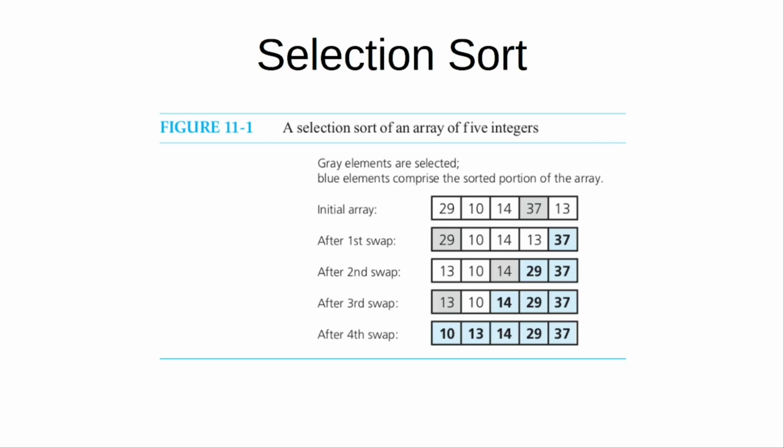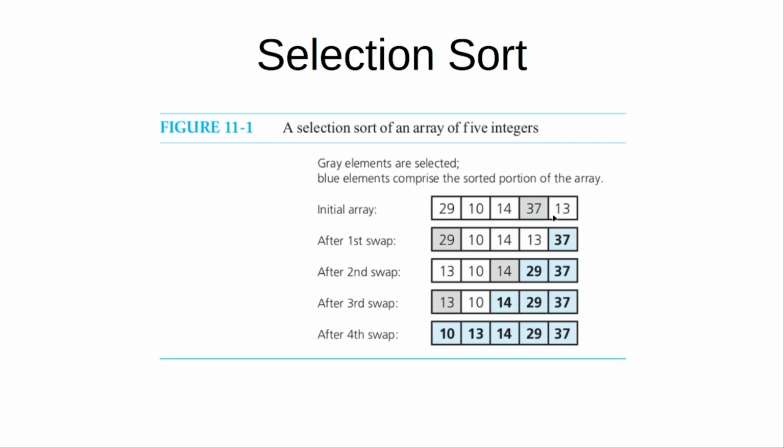So the array initially looks like this. It's unsorted: 29, 10, 14, 37, and 13. And so we find the maximum value in this array, which is 37, and we want to swap it with the last element in the array, whatever is there. In this example, they just so happen to be next to each other, which is the 13.